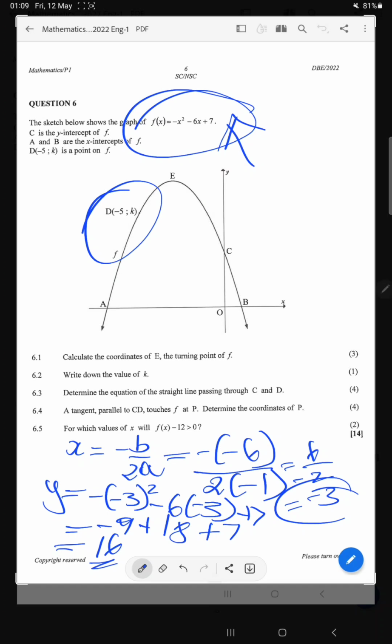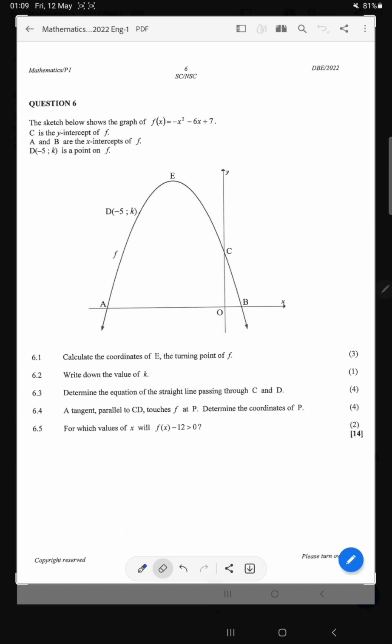Then we move to question 6.2. 6.2 is saying we must write down the value of k, which is this value. Remember, k is a point on the graph of f. Therefore, it's pretty simple. We're going to replace x in the equation of f of x with minus 5.